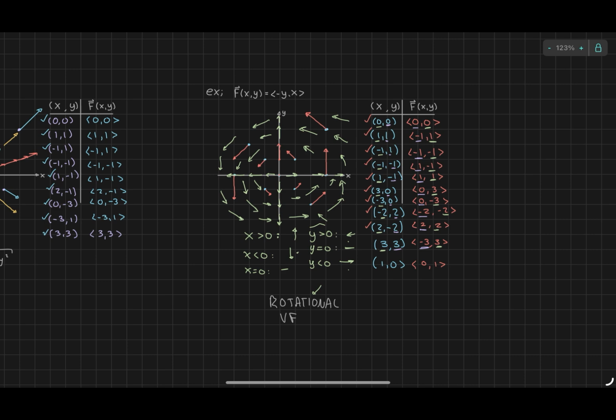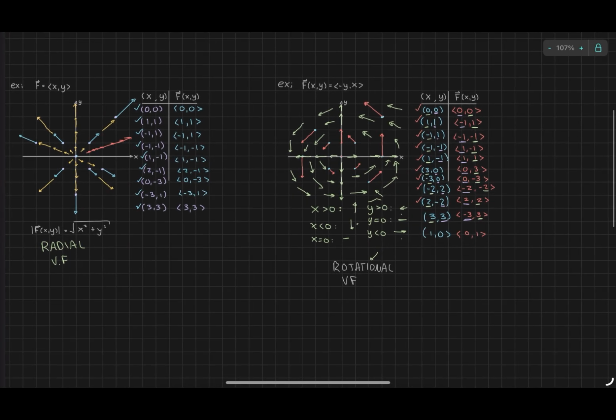I did that over here, but it was more intuitive since it was just x, y, right? Whatever our point is, that's what our slope is going to be. Less so for this one, since it could mess us up a little bit, since it flips the variables and makes one negative.